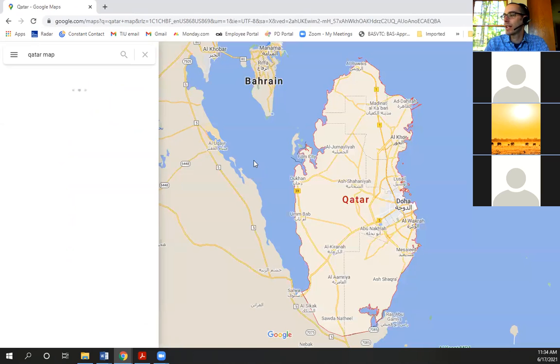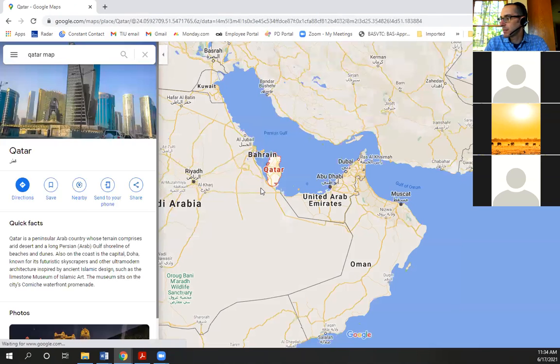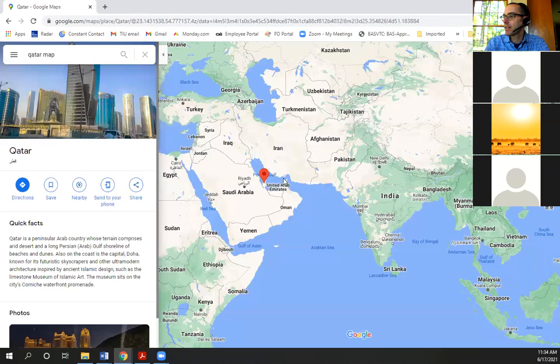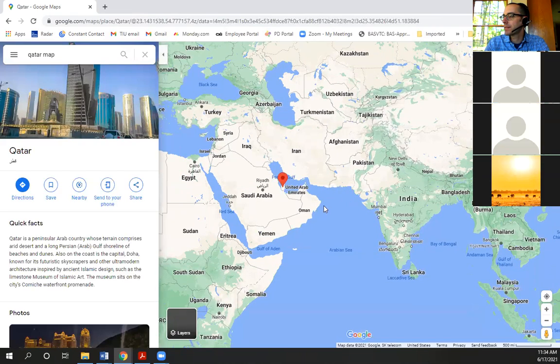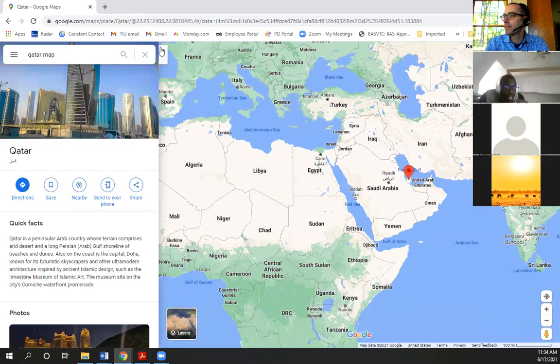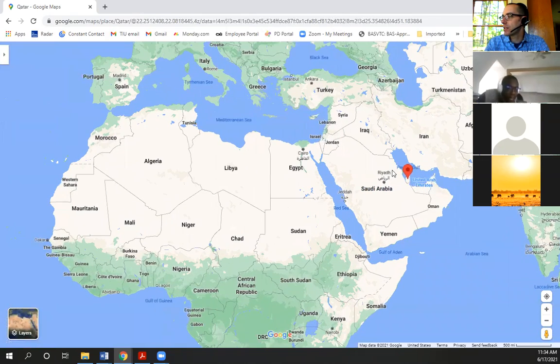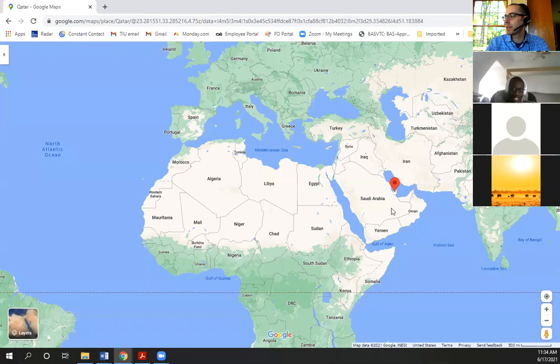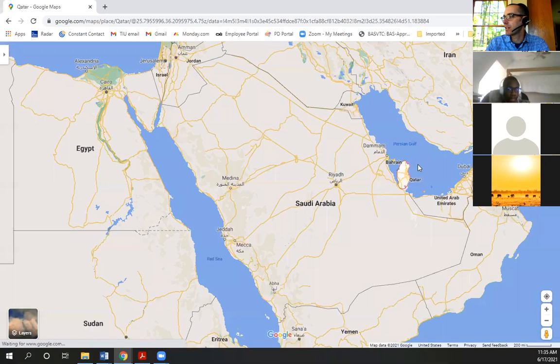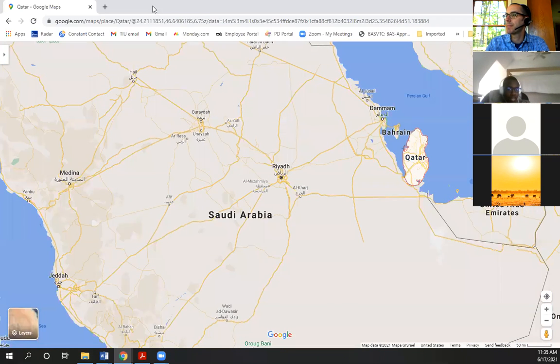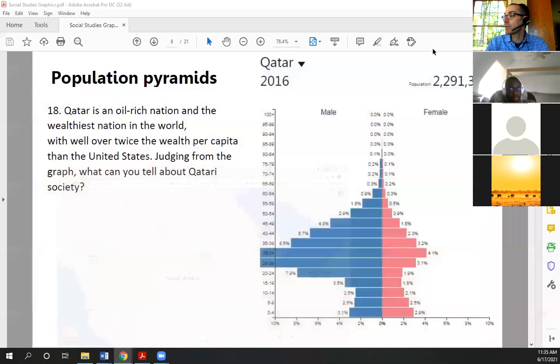It's in the Middle East, near Dubai and Kuwait. Here's Saudi Arabia, the Arabian Peninsula, and here's Qatar. It's a very small country.